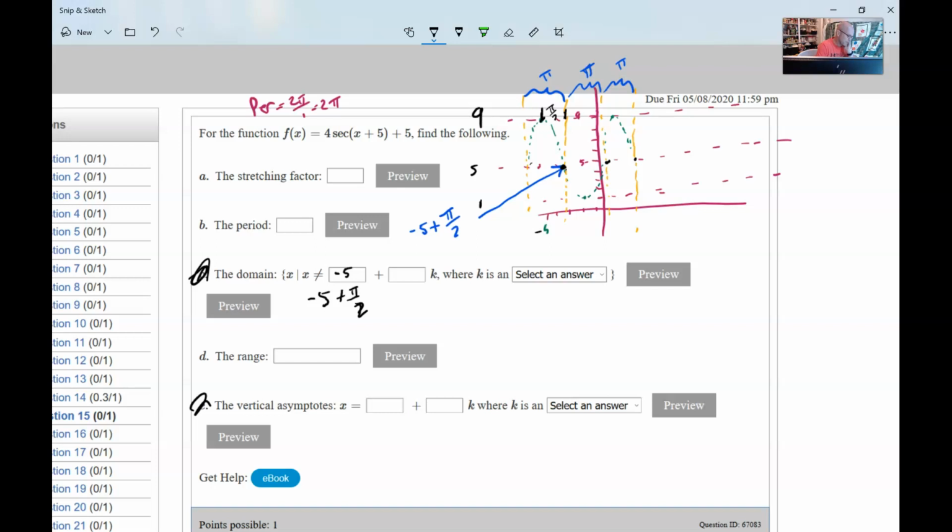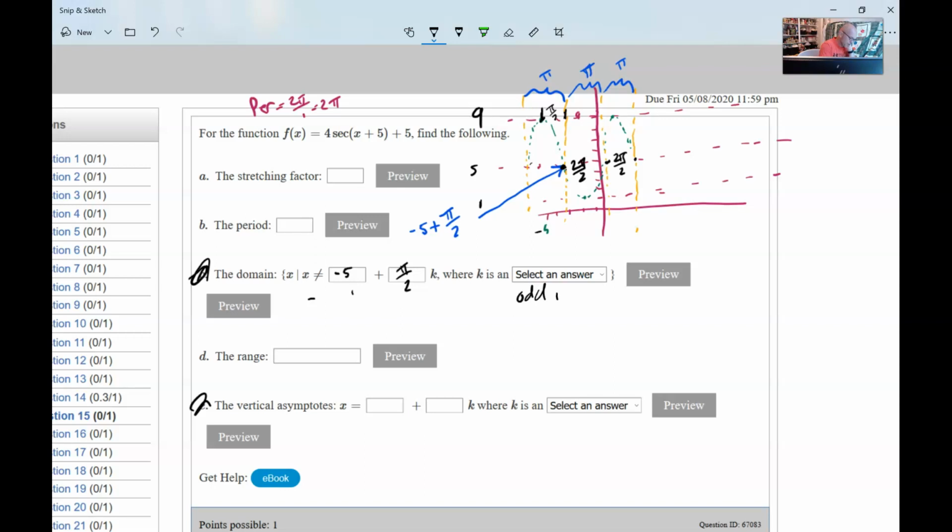So when I start at the phase shift, the -5, to get to the first asymptote, I have to add pi over 2, right? But then to get to the next asymptote, I have to add 2 pi over 2. And from then on, it's 2 pi over 2. So the way we make that work is we just put the -5 in there, we put pi over 2k in here.